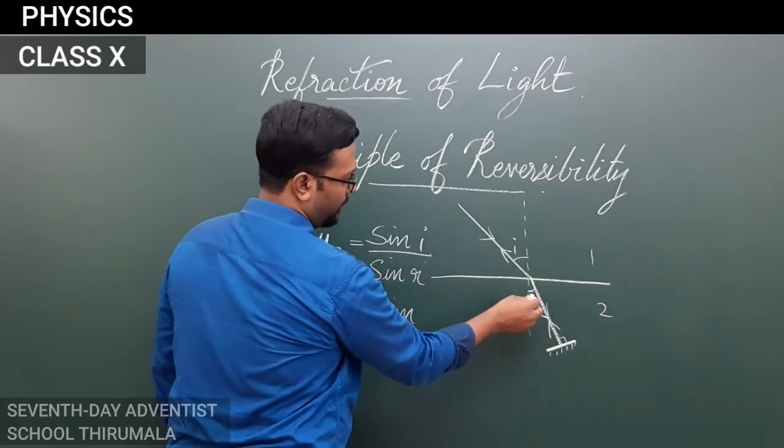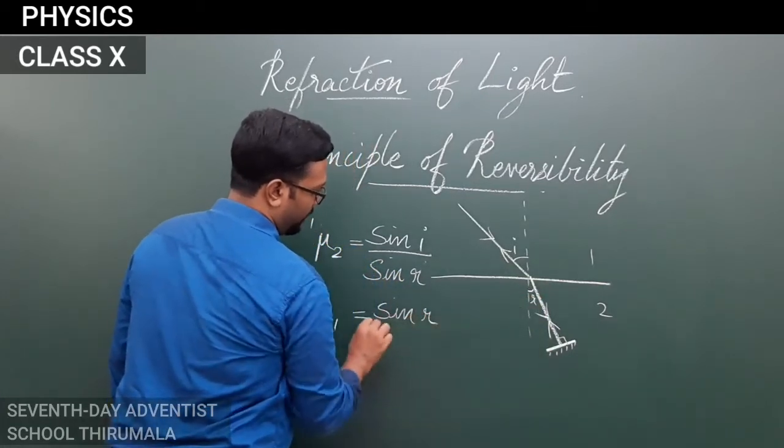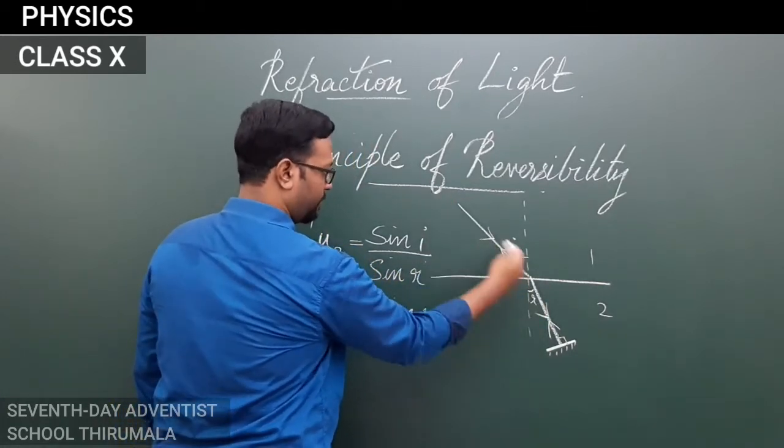So here the angle of incidence is r, and the light ray is bending away from the normal.